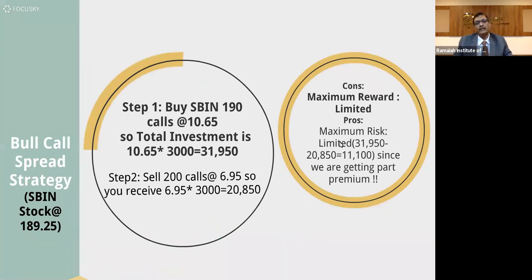I have my underlying stock at 189.25. And the step one was to buy a lower strike call, which I bought at 190. Why is 190? 190 is lower than 200. That's the reason why I call it a lower strike call. So I have a bullish view, and I'm assuming that SBIN will go up by maybe 10% or more.